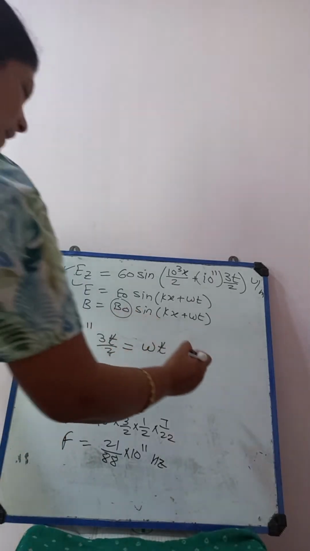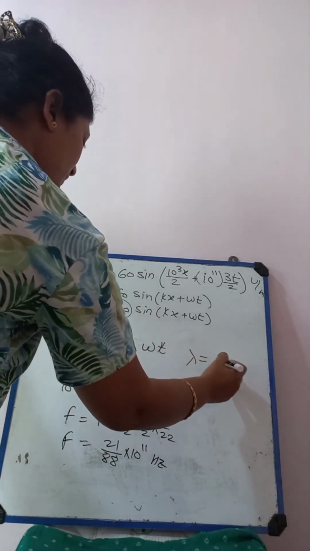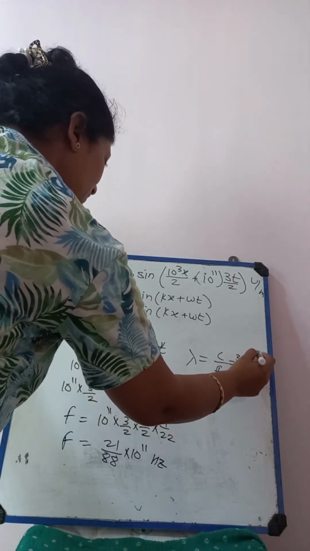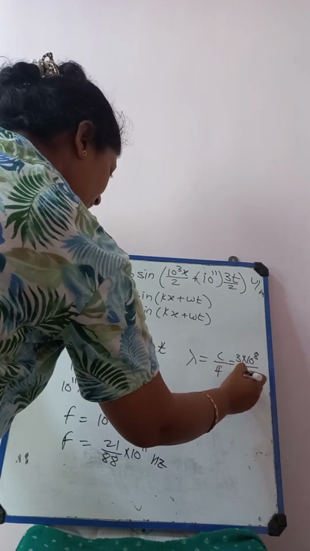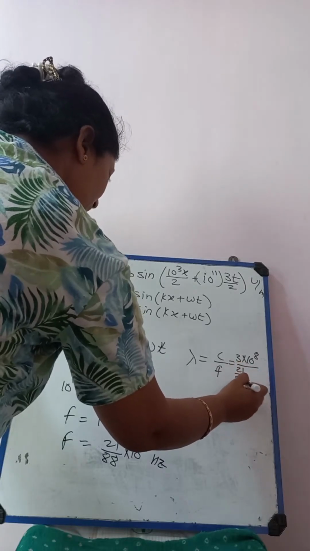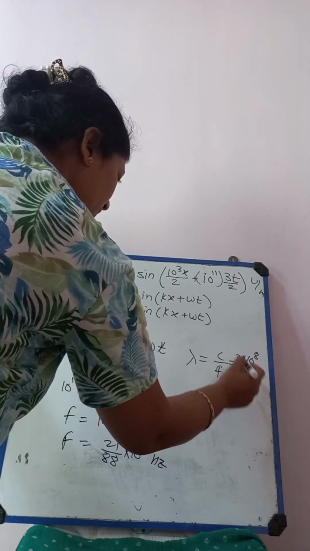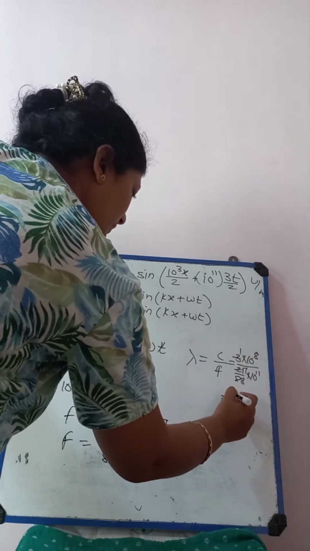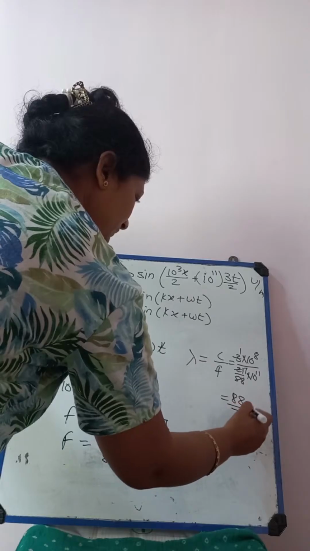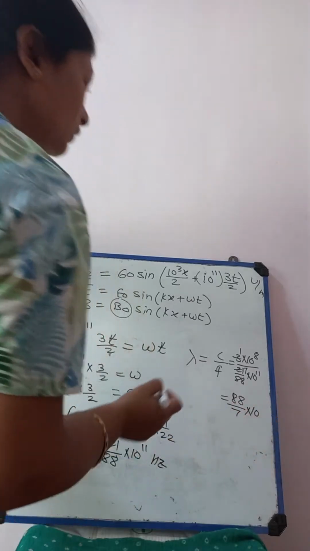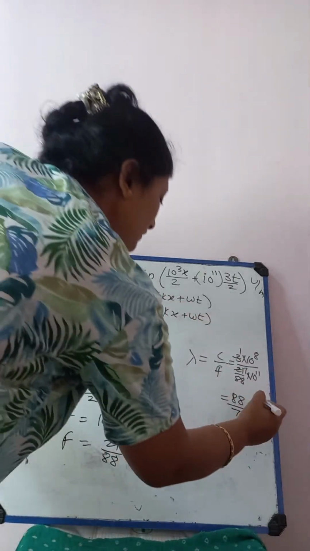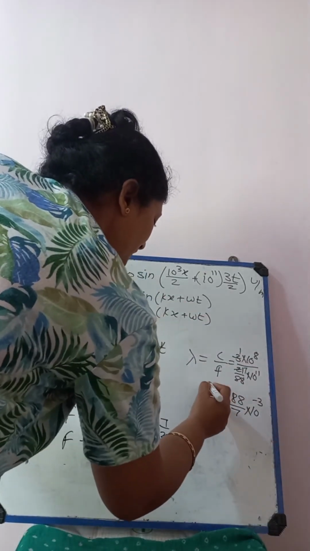And if we want to calculate lambda, it is C by F, where C is 3 into 10 raised to 8 divided by 21 by 88 into 10 raised to 11. So this is 7, and 88 will go up: 88 by 7 into 10 raised to 11 minus 8, that is minus 3, lambda in meters.